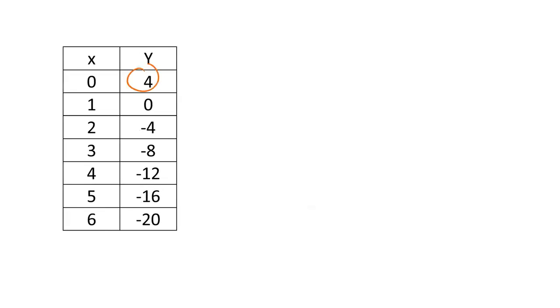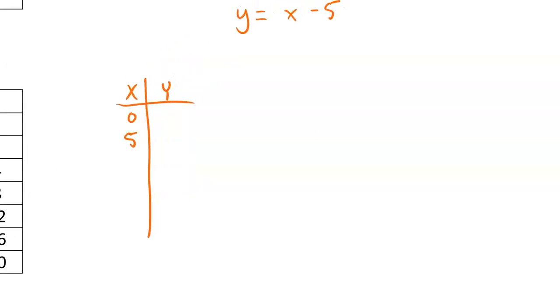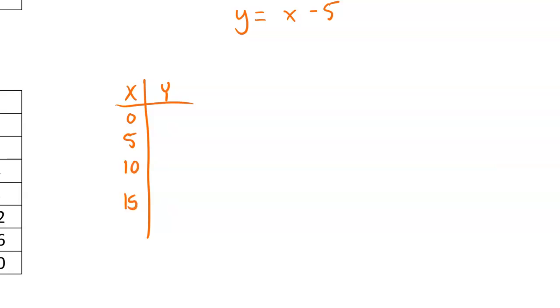Now for this last table here, I'm going to leave this one for you to finish, but again, pay attention to what is your constant, what is your rate of change. That's going to help you make that equation. I'm going to instead write out a different example for you where we're still using x and y, but this time we're going from 0 to 5 to 10 to 15.